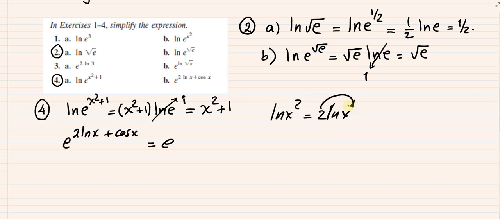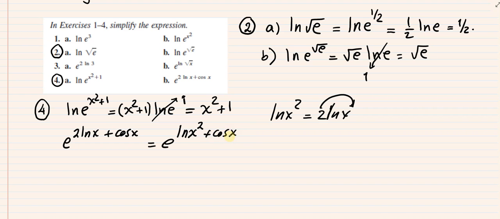A factor in front of a logarithm can appear as the exponent on the argument of the logarithm, so I can rewrite it as ln of x squared, putting the 2 back up as an exponent on the argument x, plus cos x. That's what that becomes.